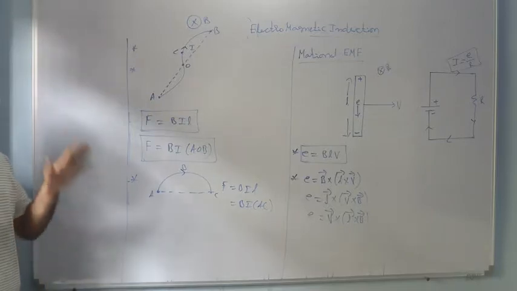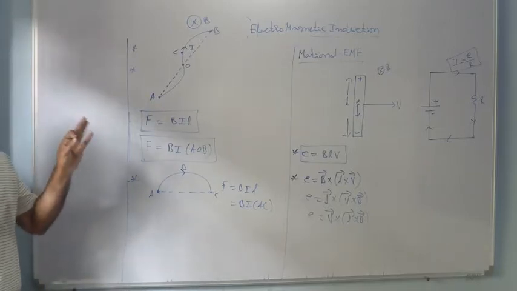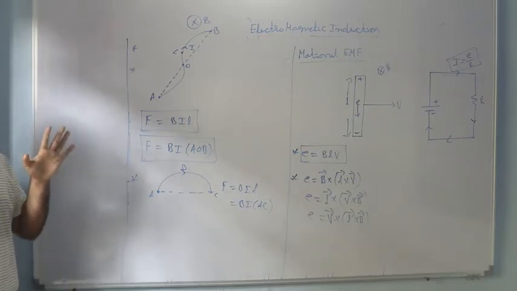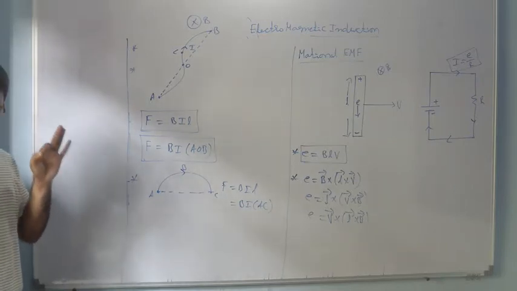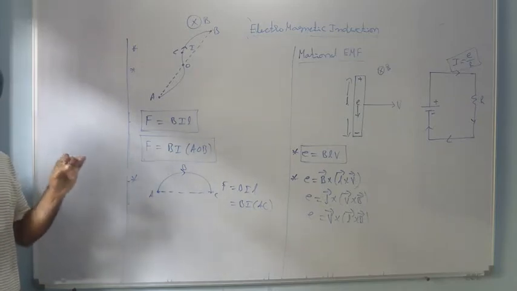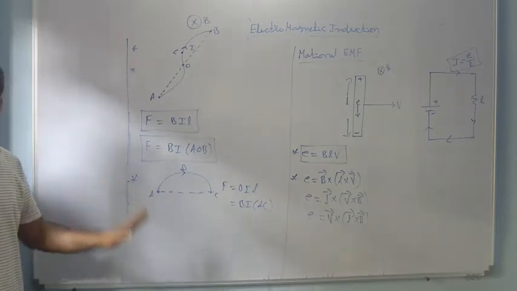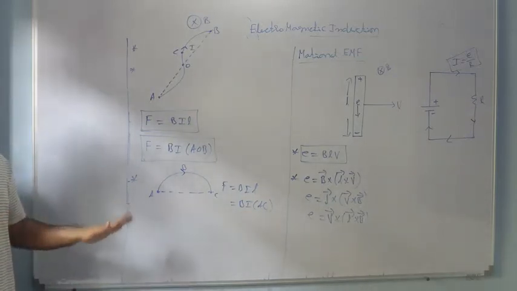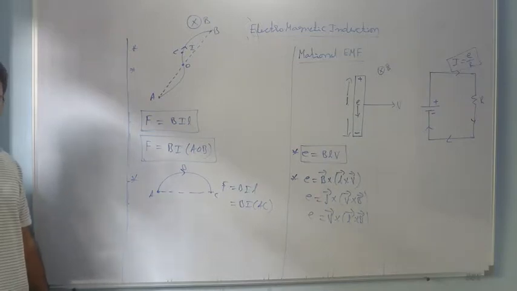First point: B, L, V are vectors. If EMF has to be generated in the rod or moving conductor, compulsorily the B value, L value and V value must be perpendicular to each other. If any two are parallel to each other, then EMF will not be generated. You can remember this blindly.